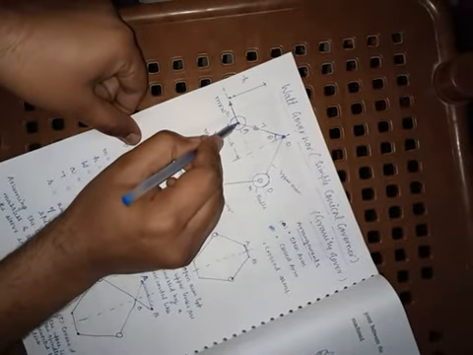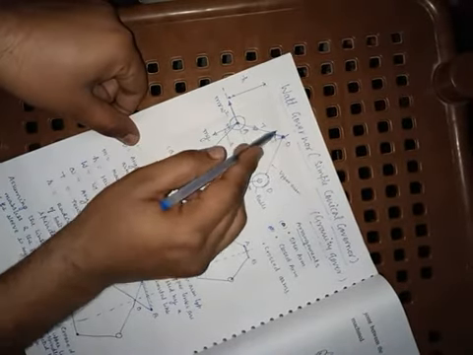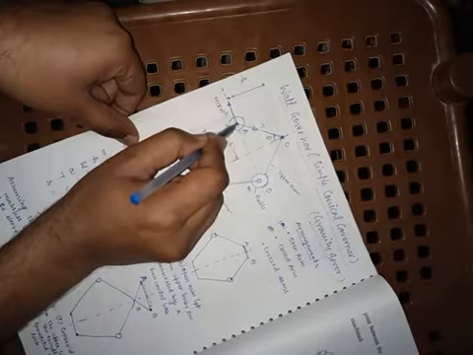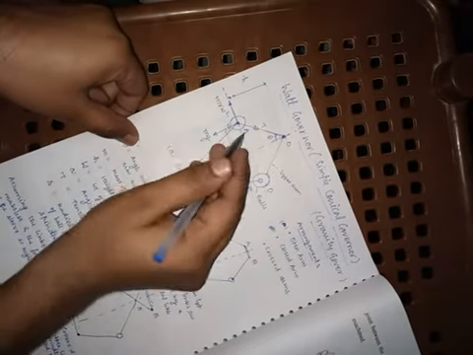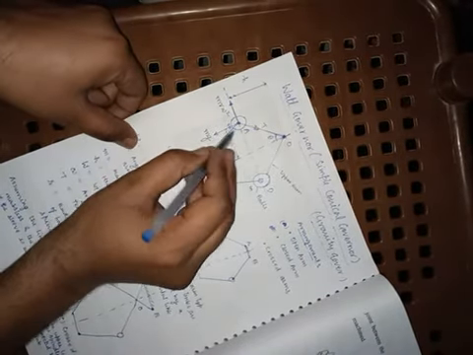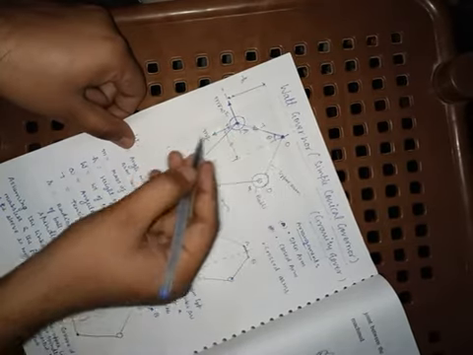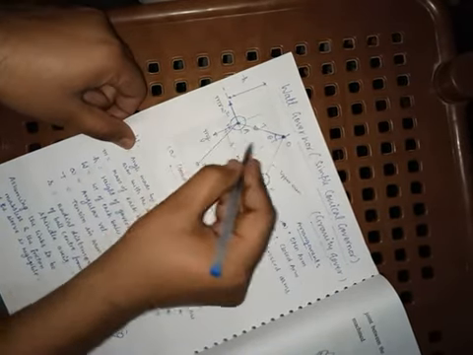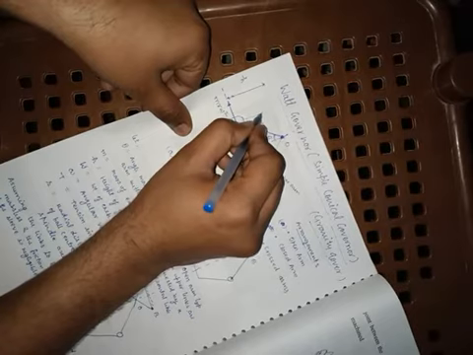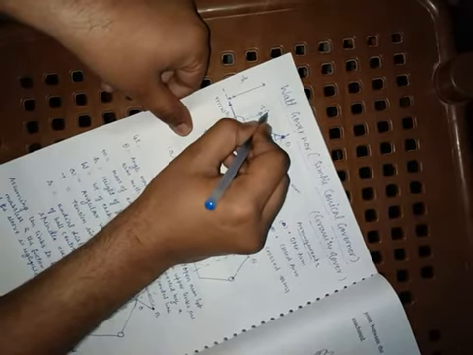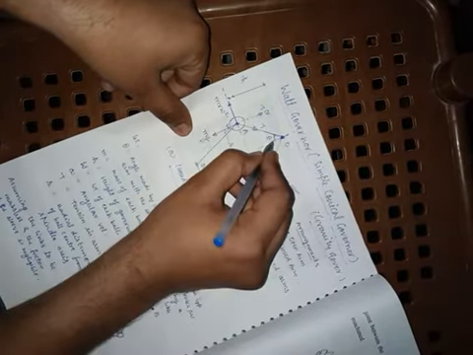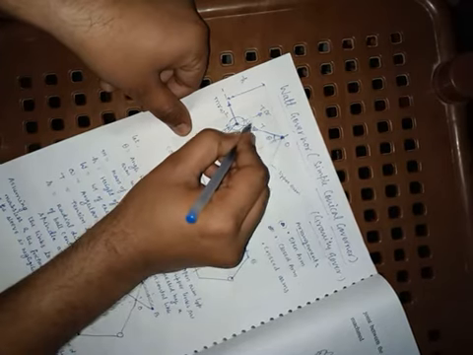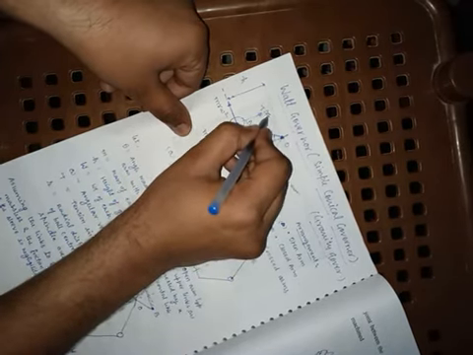So when this point A, this ball mass A, is in equilibrium, then if this is T, one component will be along this. If this angle is theta, this angle will also be theta, so this will be T cos theta, and the component along this side will be T sin theta.